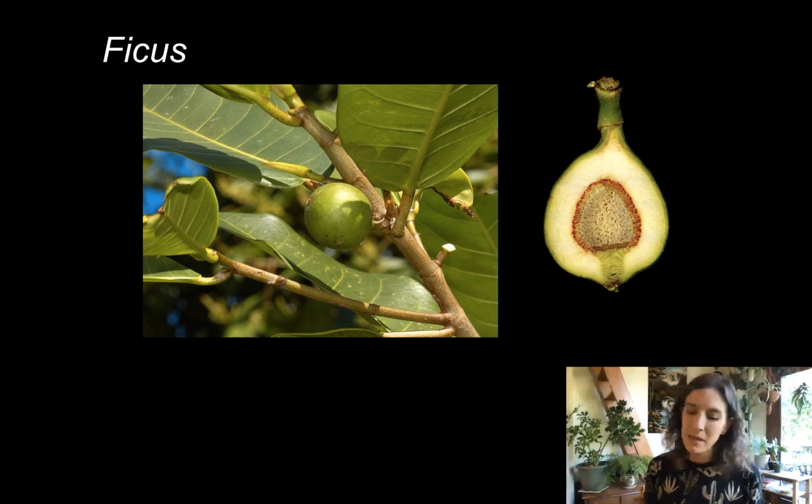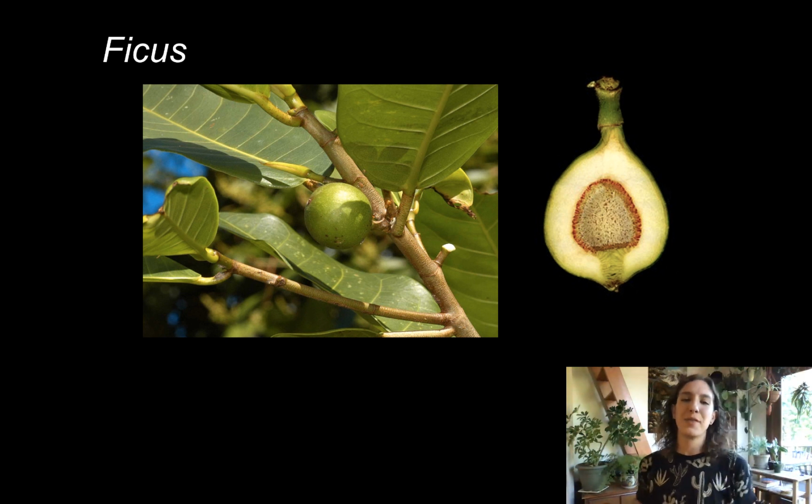And by inside out, I don't mean like this thing starts out one way and flips inside out. No, I'm talking about over evolutionary time, over eons, this changed to having its flowers on the inside from a relative, an ancestor that was closely, maybe similar, sort of, to that mulberry from the last slide.